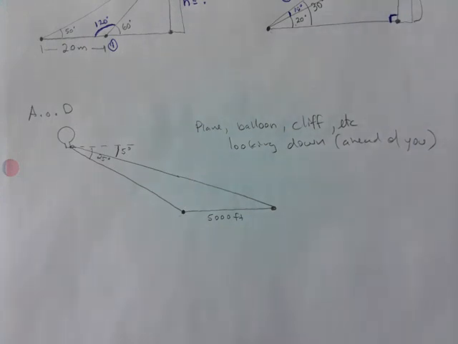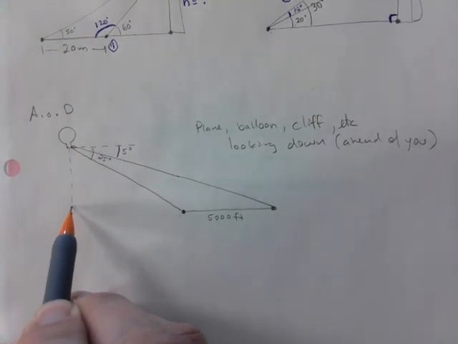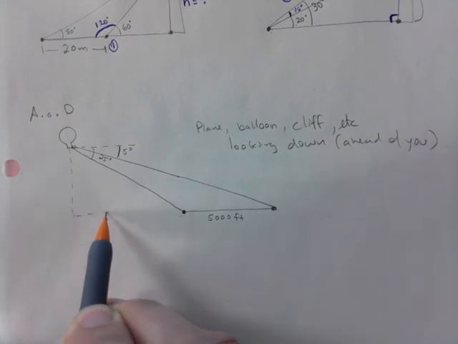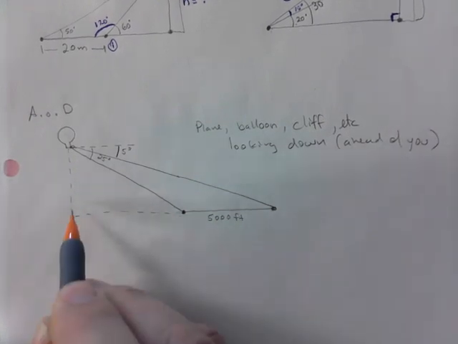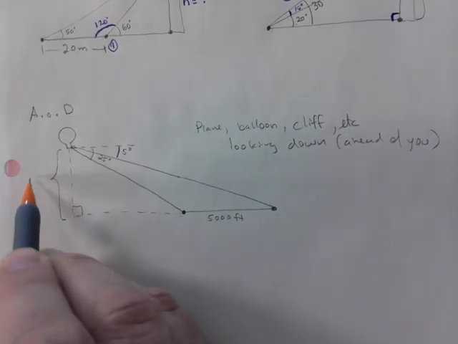I might ask you, how high above the ground are you flying? It's not part of your triangle. Well, actually now you're making it, but you always remember that there's a height. The question might ask you for this height.